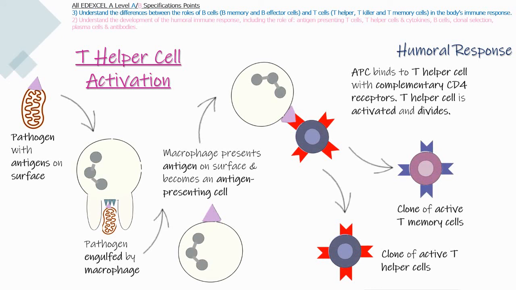So on the T helper cells, there are receptors which are known as CD4 receptors. This is the key term you need to know. So T helper cells are activated and divide, and they divide into clones of active T memory cells and active T helper cells. So we then have a process of clonal selection.